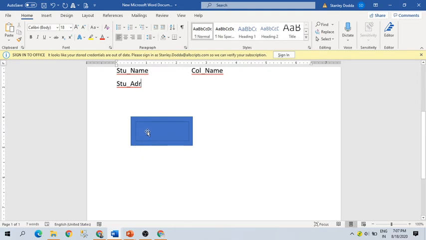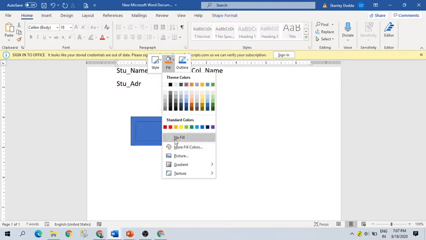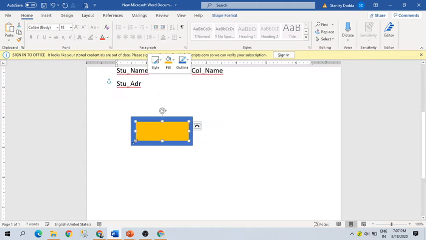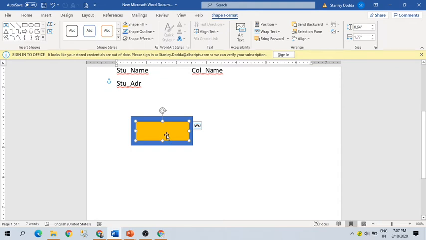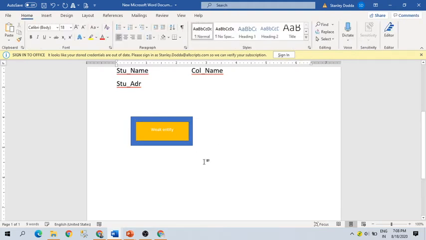This kind of entity with a double rectangle is called a weak entity.